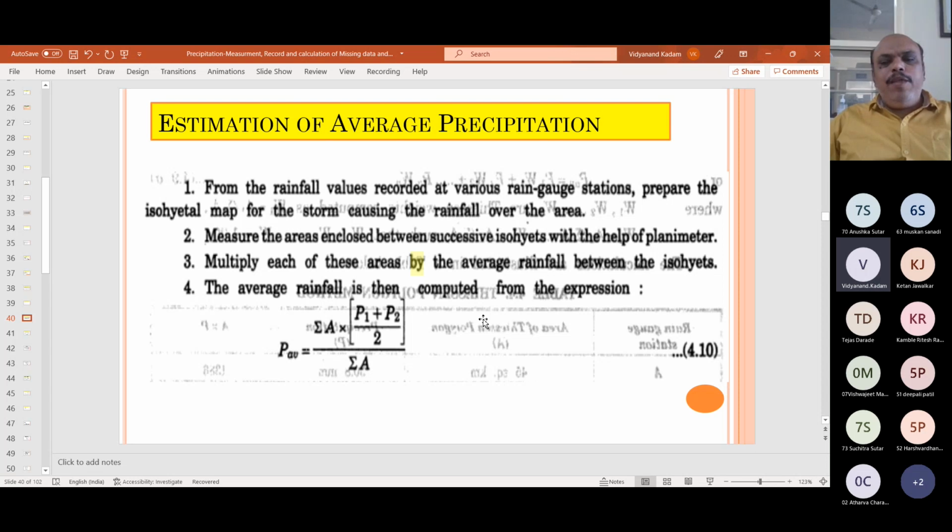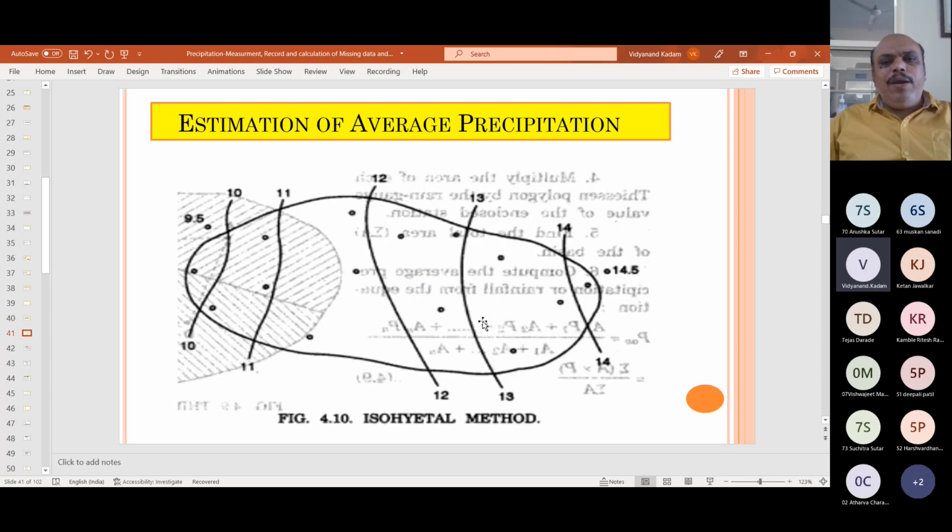So one more precise method was invented, more precise as compared to the previous two methods, and this method is known as the isohyetal method. In the isohyetal method, isohyets or isohyetal maps are created. For a storm, an isohyetal map is created. An isohyetal map is a map which consists of isohyetal lines, and isohyetal lines are lines joining points of equal precipitation.